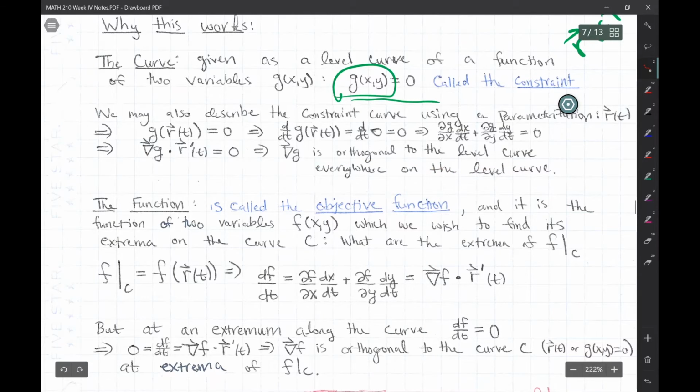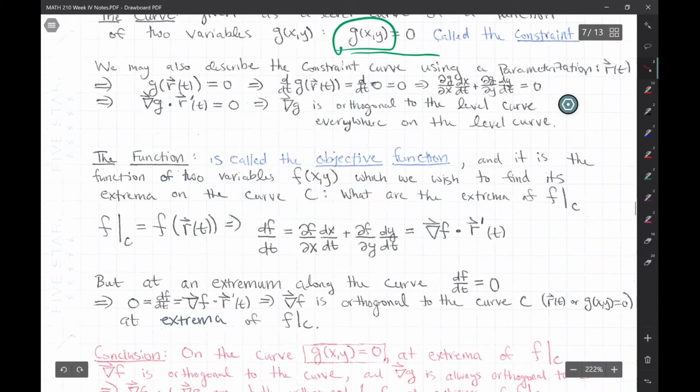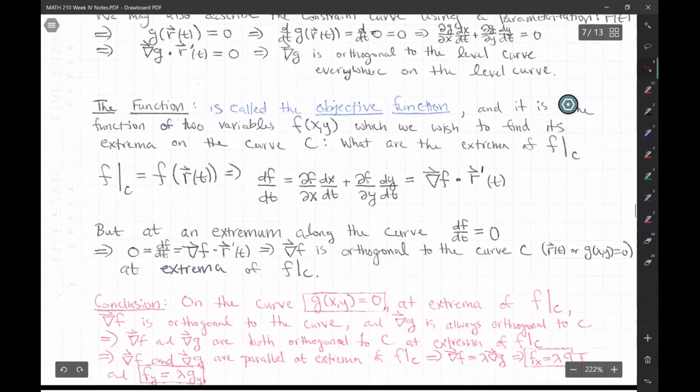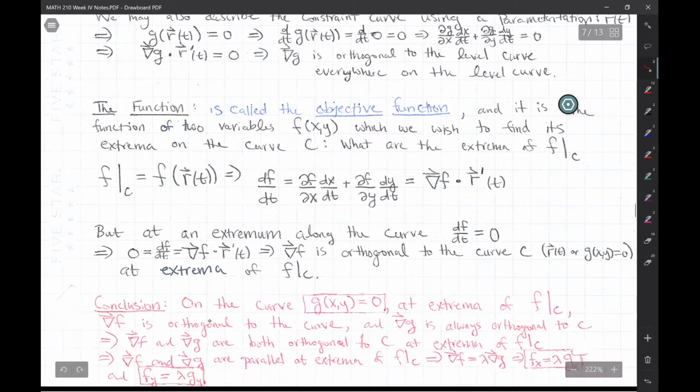The gradient of f is orthogonal to the curve at the extrema of f along that curve, where we're interested. So what does that mean? That means we should look at where the gradient of f is parallel to the gradient of G. Since at the extrema, both will be orthogonal to the curve, and if they're both orthogonal to the curve, they're both parallel.